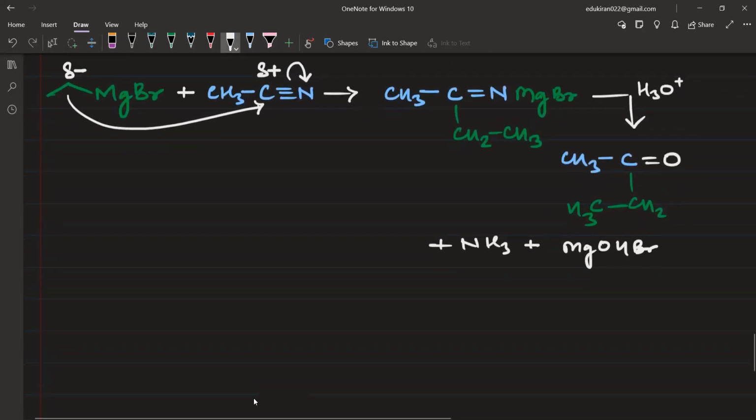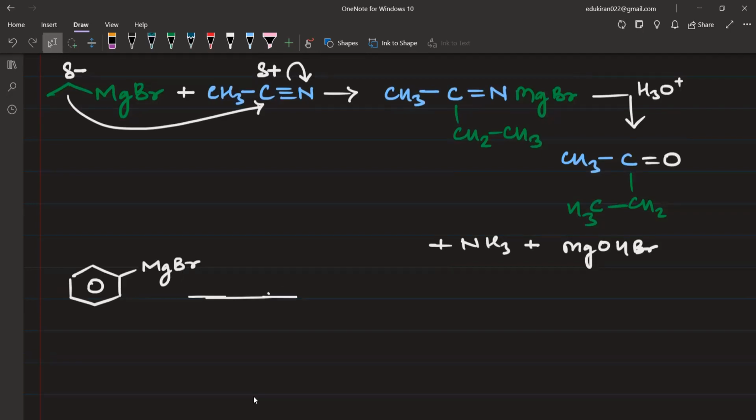Similar reaction happens even if you use an aromatic Grignard reagent, and you have to do it like this. In the first step, you have 3 carbon atoms. Please remember, okay? 1, 2, and 3 carbon atoms. Second step, you have H3O plus.